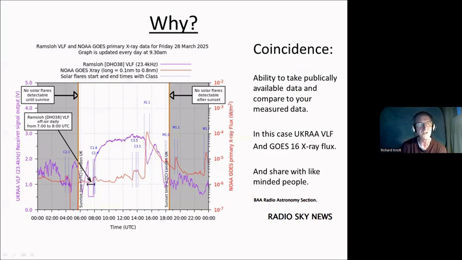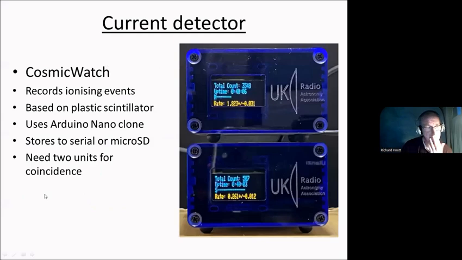And my ability to use publicly available data, in this case, GOES 16 X-ray flux measurements, to establish a correlation to confirm the measurements I recorded. We can also provide said data to a monthly publication such as Radio Sky News, edited by John Cook. And it enables us to learn, it enables us to participate, and it enables us to collaborate.